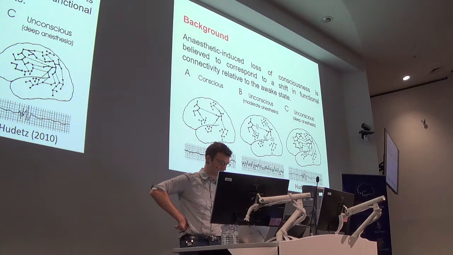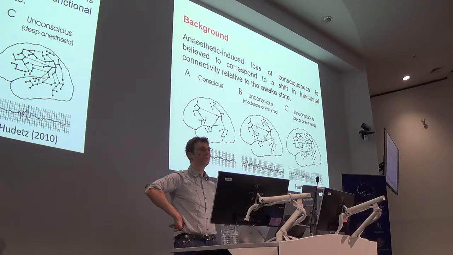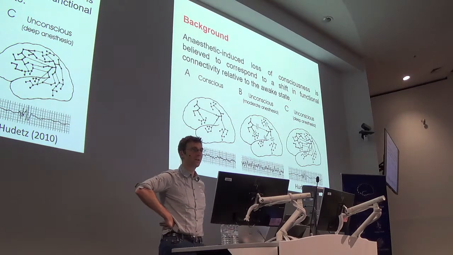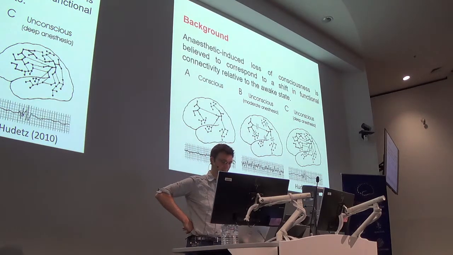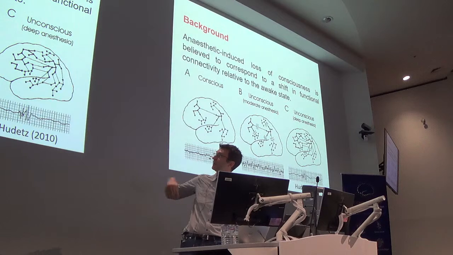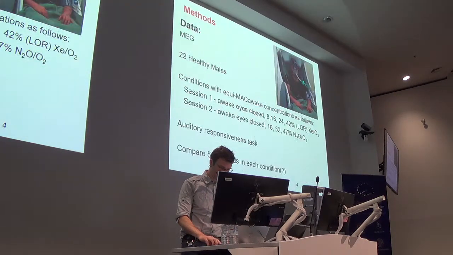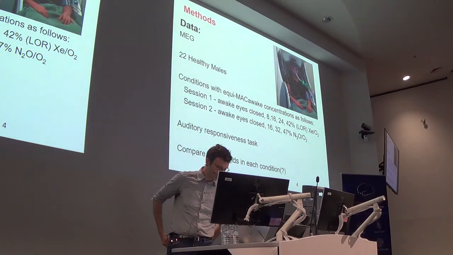And in 2010, Antonio Hudetz, who's an anesthesiologist, has a book that focuses more on anesthesia, and because parietal cortex is involved in sensory integration, he proposed that parietal areas and breakdowns in connectivity in these areas would be linked to anesthetic reductions in consciousness. So that's captured here.